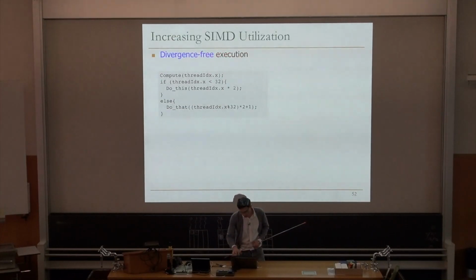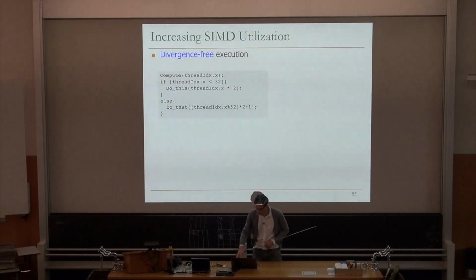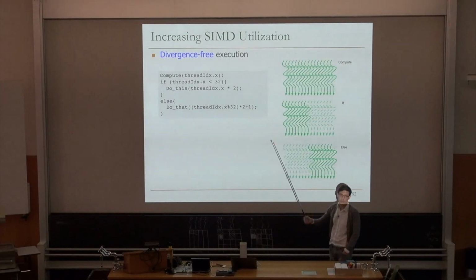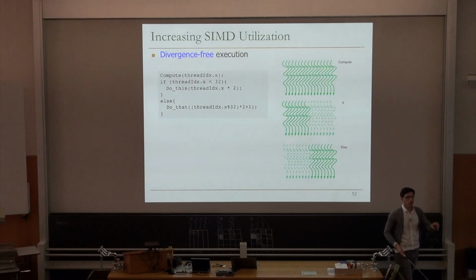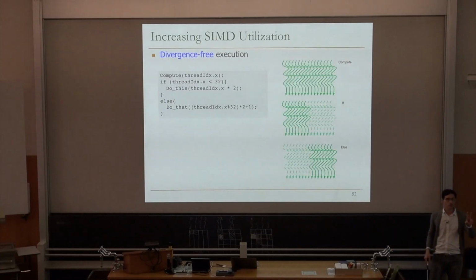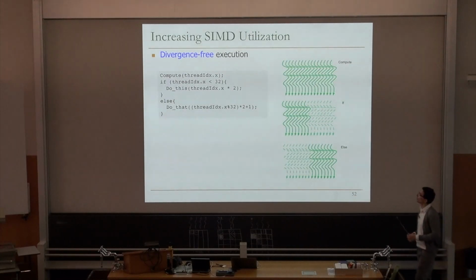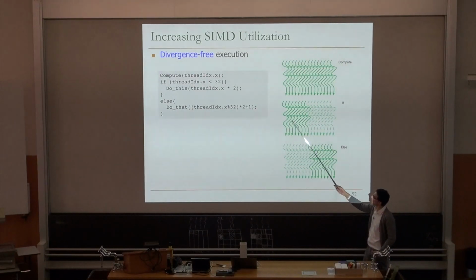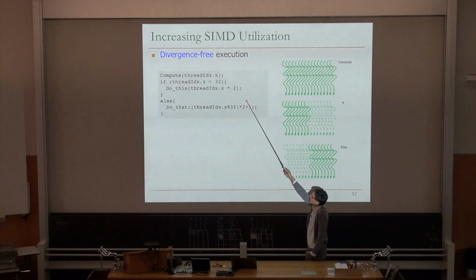As you already know, there might be ways of writing the code in a way that we skip that. Let's consider that instead of having one single warp, we have two warps. We have 64 threads running this code, right? What we will do is remap the computation in some way.